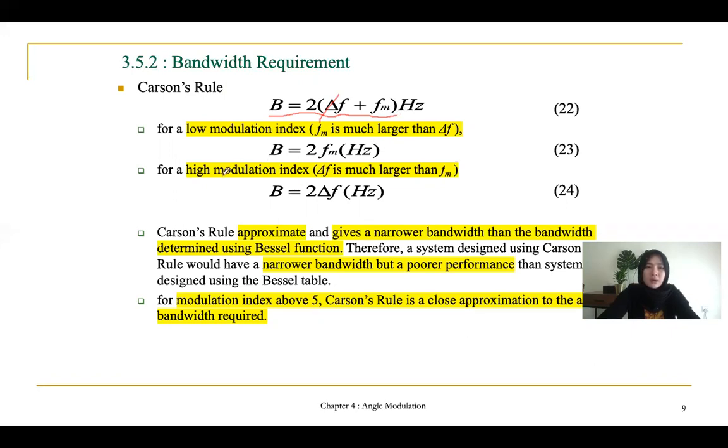But if you have a high modulation index, delta F is much larger than the modulating frequency, so you can ignore Fm and your equation will become bandwidth equals 2 delta F. This is valid for a high modulation index.